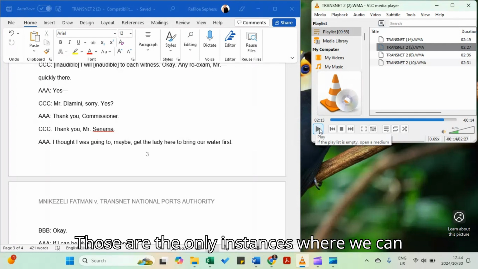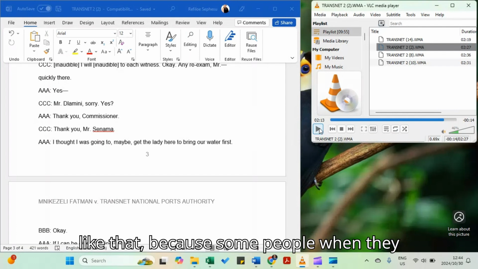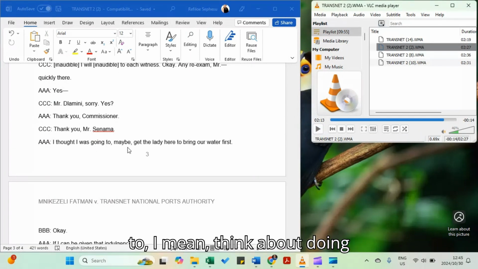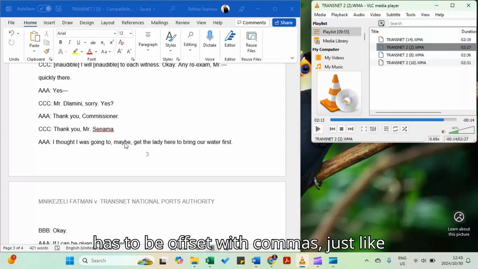Those are the only instances where we can omit. But with maybe and I mean and words like that, okay, because some people when they talk, they'll be saying, I was going to, think about doing this, and then that has to be offset with commas, just like this maybe here.